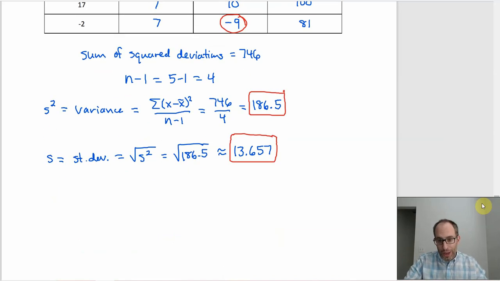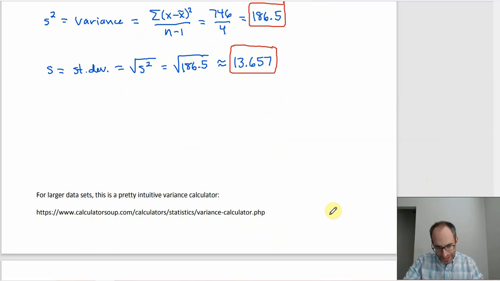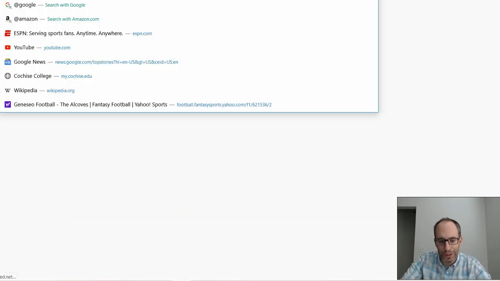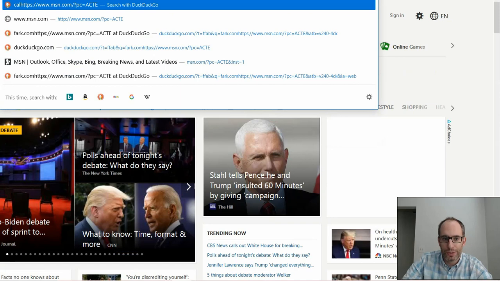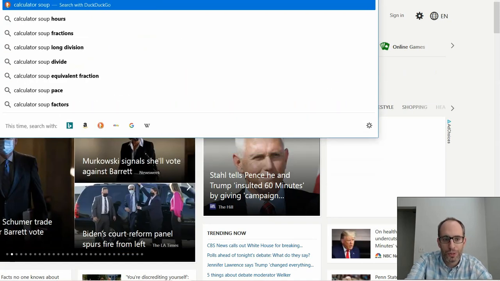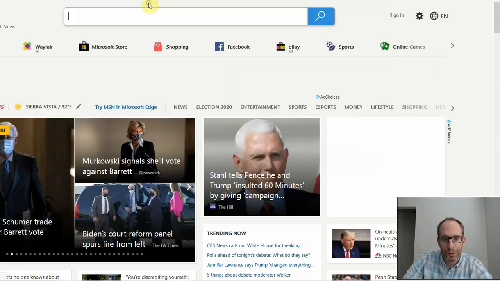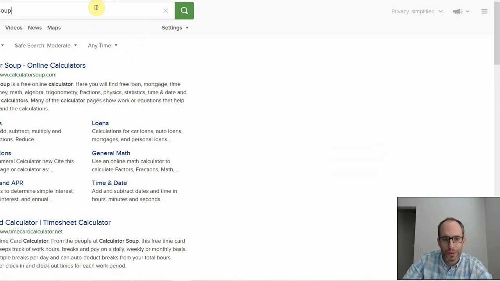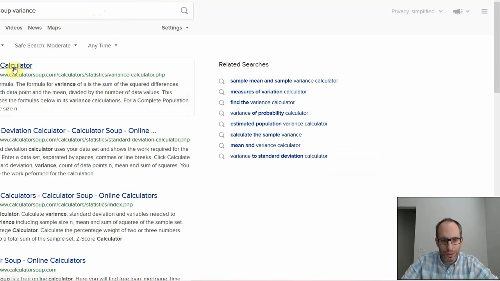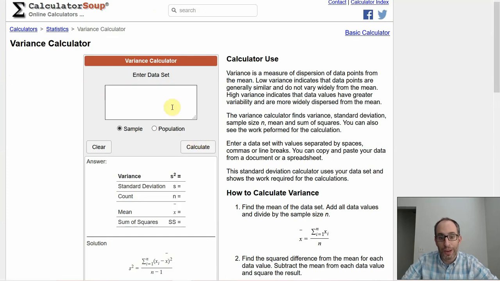All right, then I did want to point this out. This is a pretty good variance calculator, which, let's see, I should have this open, but I don't, so I'll just go ahead and do it. It should be Calculator Soup. Okay, here we go. Yeah, that's it.